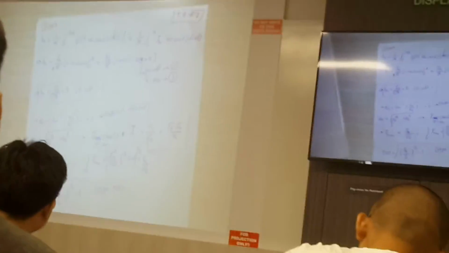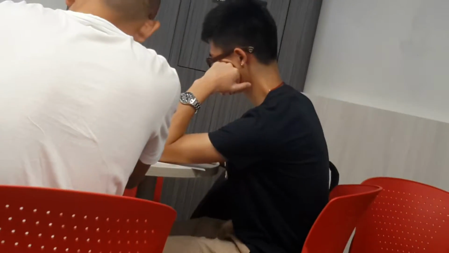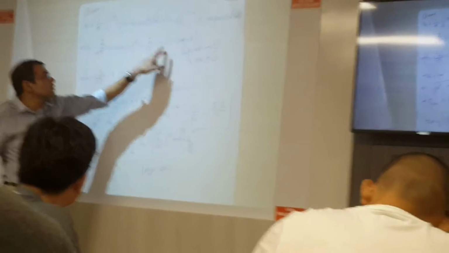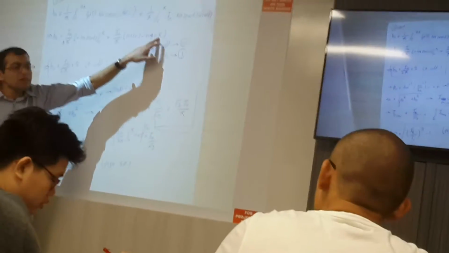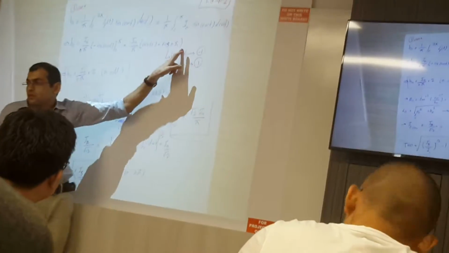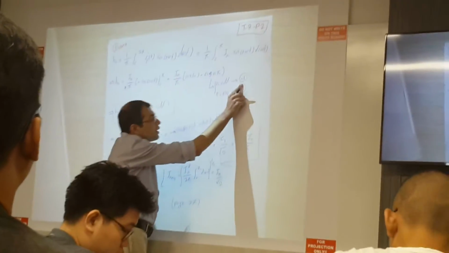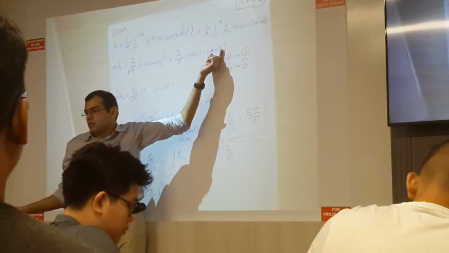So now we see different values for n. For example, if I put n equal to 1, it becomes cosine pi. Cosine pi is minus 1, and cosine 0 is 1. So it will be 1 minus (minus 1), which makes the whole thing 2. So don't be confused. If n is an odd number, cosine n pi becomes minus 1. If you put n as 2, cosine 2 pi is equal to cosine 0, which is 1.